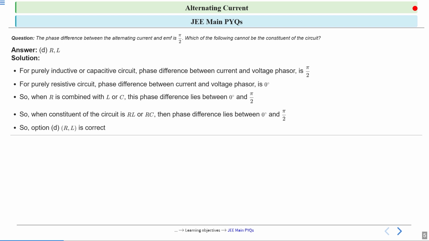Okay, so the LC circuit is also not a circuit in which the phase difference between alternating current and EMF is other than pi by 2. Okay, so we have to determine which of the following cannot be a constituent of the circuit. So in an RL circuit, the phase difference between current and voltage is not pi by 2. It is between 0 degree to pi by 2. So option D is correct.